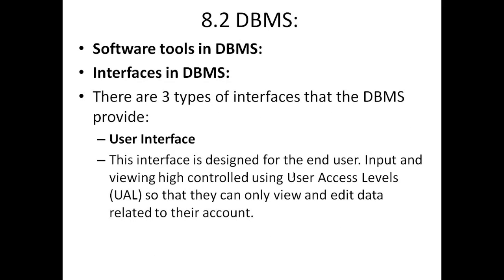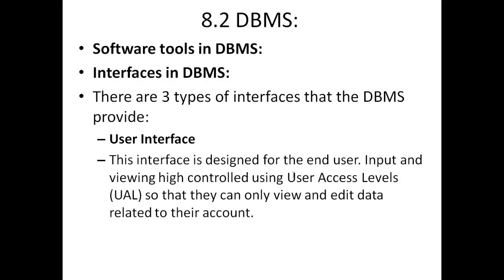Next, we have the software tools which can be found in DBMS. Again, we are not talking about a special kind of DBMS. We are just talking about the common features which are usually found in DBMS systems or software. There are three types of interfaces that the DBMS provides. First is the user interface.